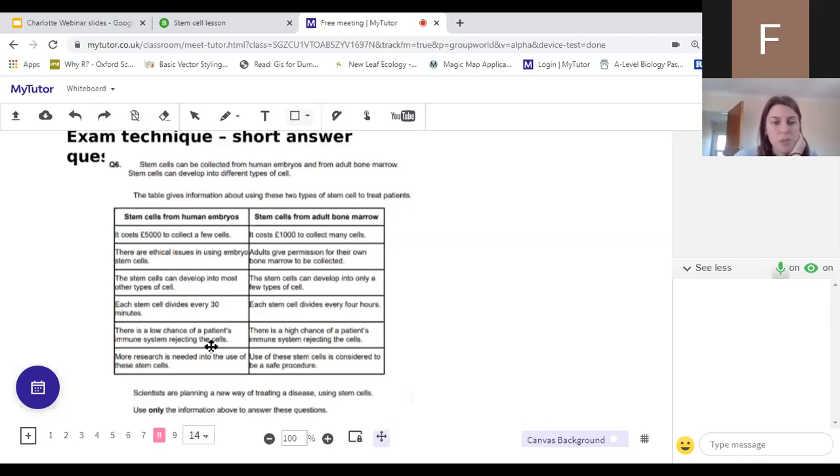There's a low chance of a patient's immune system rejecting the cells if they're from an embryo, whereas from bone marrow, there's a high chance of the patient's immune system rejecting the cells. More research is needed into the use of embryonic stem cells because we're not quite sure how they work yet, whereas adult bone marrow has been used for quite a few things and is considered safe for some things.